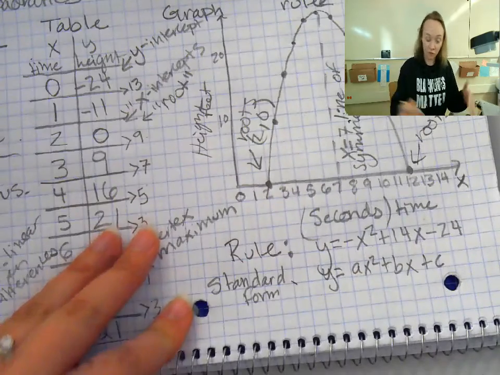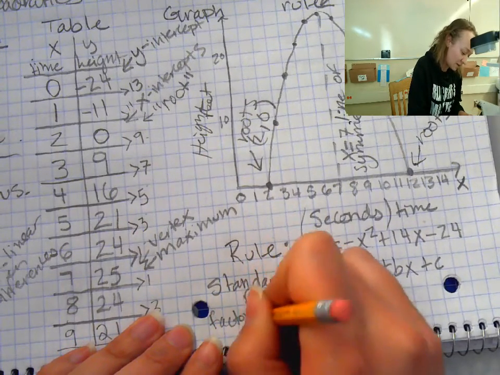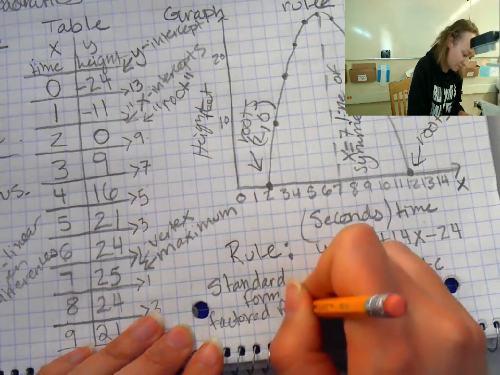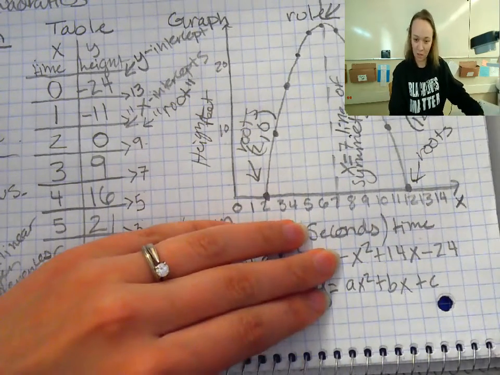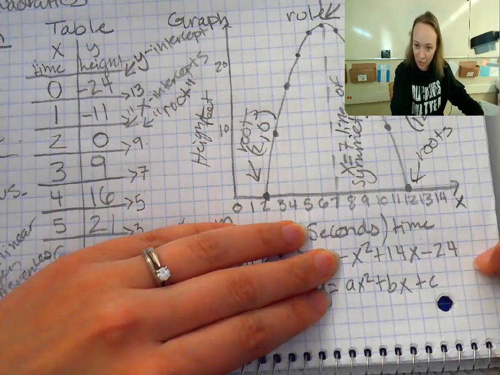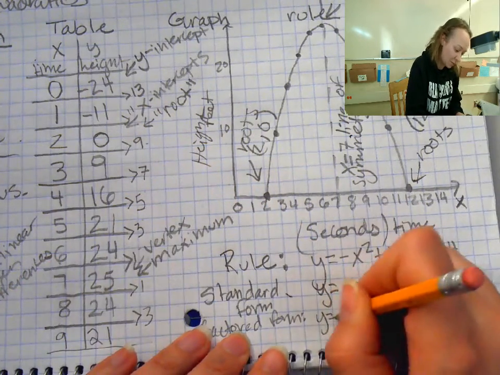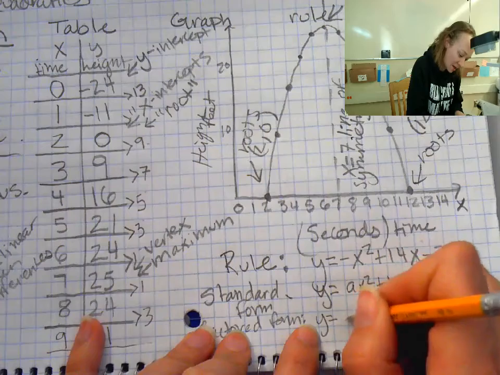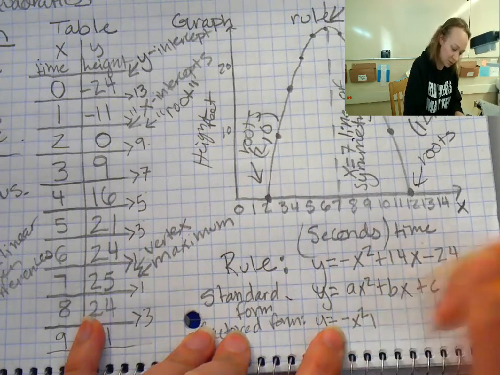And there's also factored form. So to find the factored form of a quadratic, you would ignore the y equals and then you would factor that quadratic. So this one happens to factor to y equals negative x squared. Oops, that's what I just wrote. Sorry.